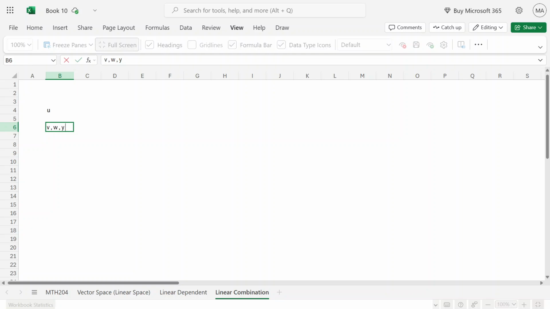Do you understand? By introducing a different kind of scalars. So if we add some scalars, can we get these vectors? Using scalar multiplication and vector addition, can we represent this u with this v, w, x, y?